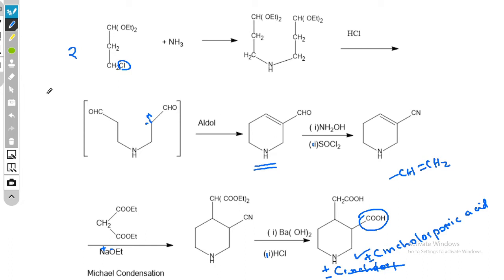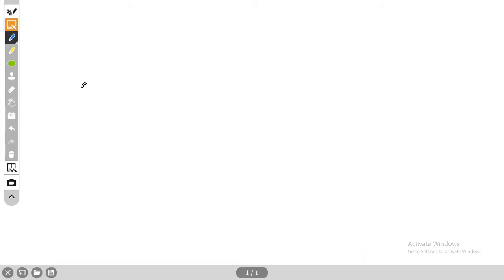I will write this structure once more. The structure of 5-loiponic acid is like this: here one H, then here one COOH, then here CH2COOH. This is 5-loiponic acid.